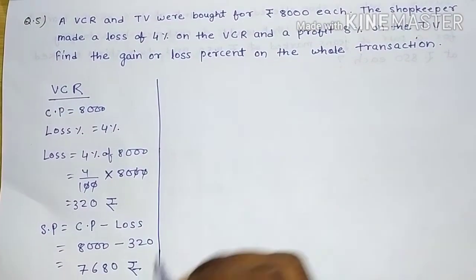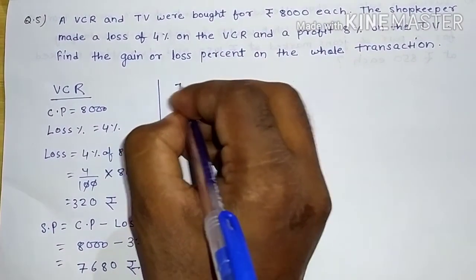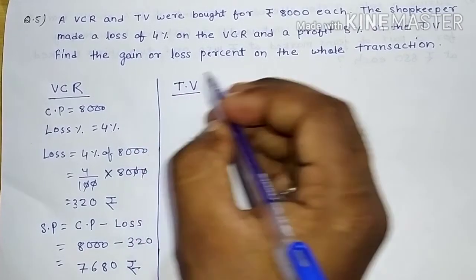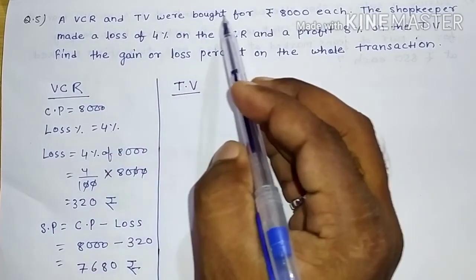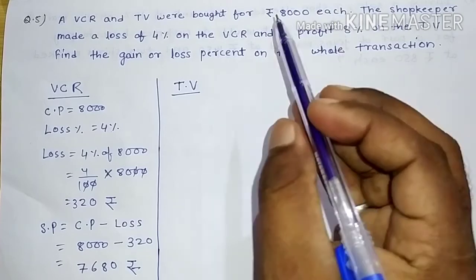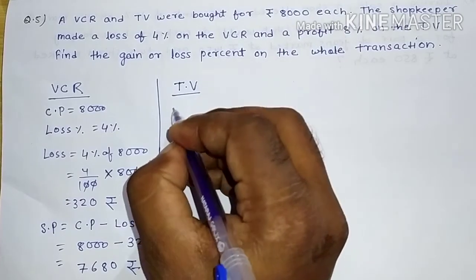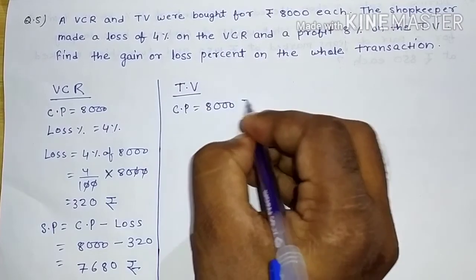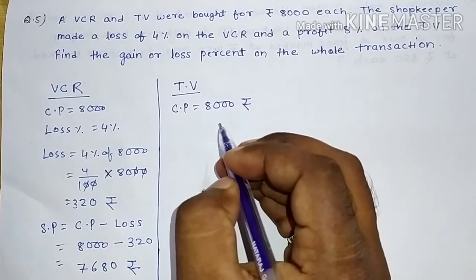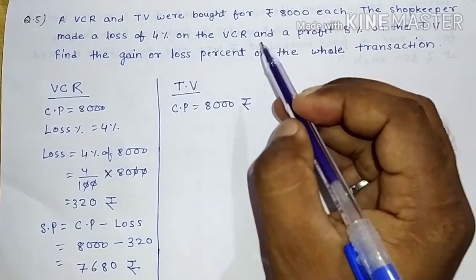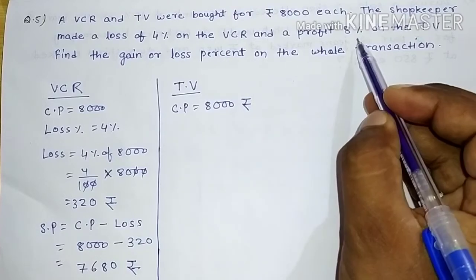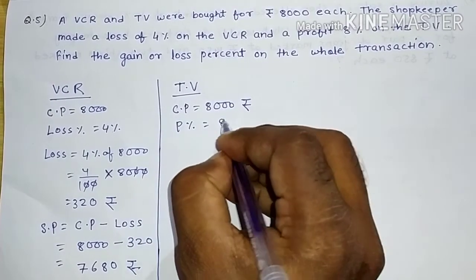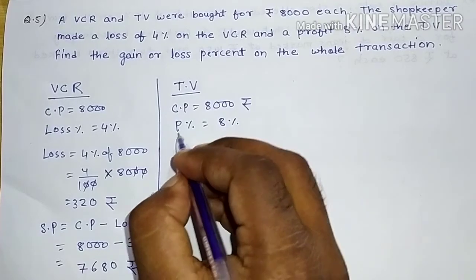Similarly, the TV. The VCR and TV were bought for 8,000 rupees each. So the CP of the TV is also 8,000, given. In the next statement, profit 8% on the TV. So the profit percent is given as 8%. Here we have to find the profit.